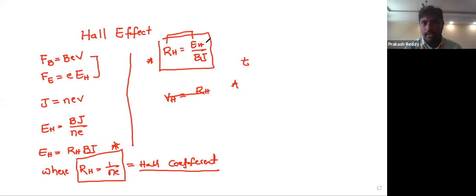To find EH, we take the thickness of the sample. Then, by taking the current density equation J equals I by A, where A is the area of the sample, and substituting J and EH, we derive the relation between VH and RH.